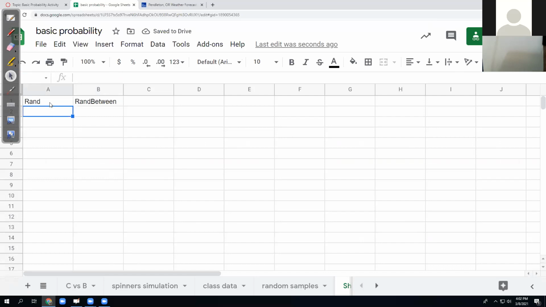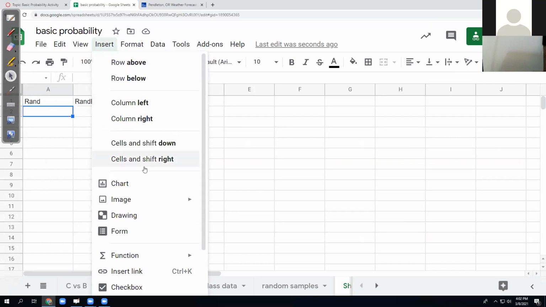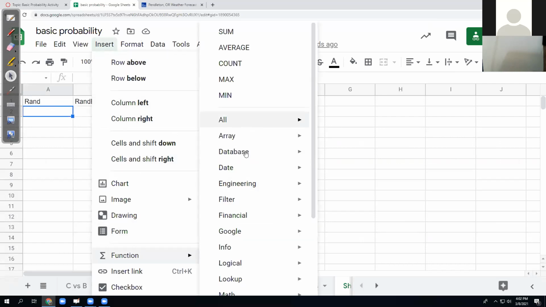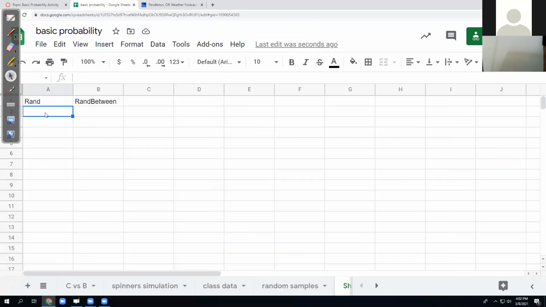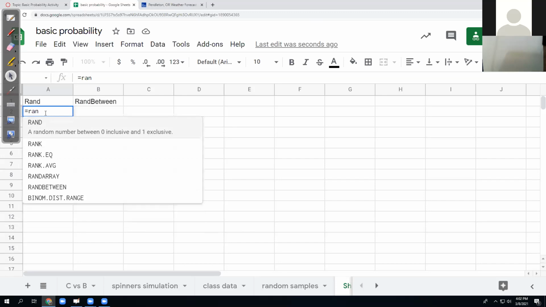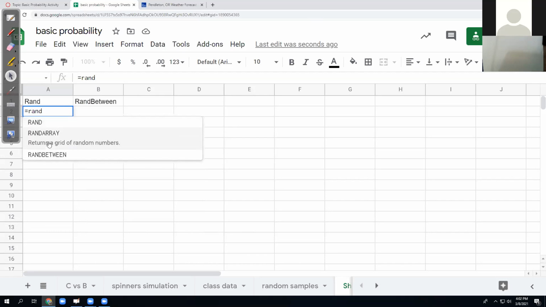If you want to make something happen, you can insert a function or formula, and there's all kinds of different ones you can put in there. If you happen to know the name of them, then that's even better. You just go equals and start typing. So I start typing RAND, and it said, okay, I know rand array, and I know rand between.